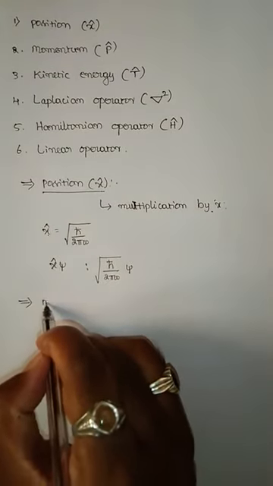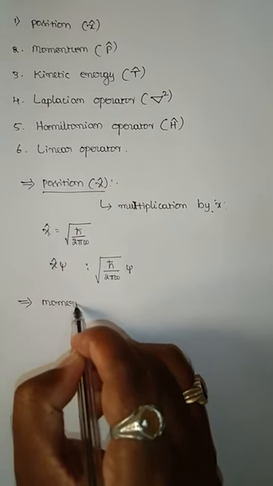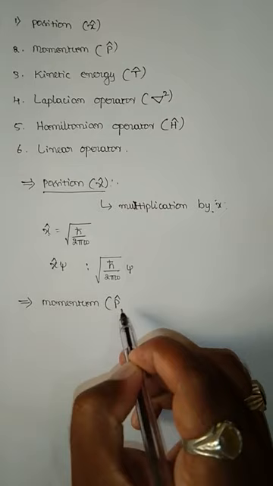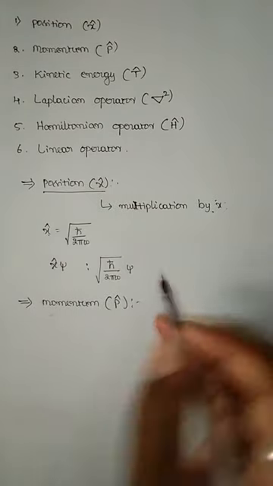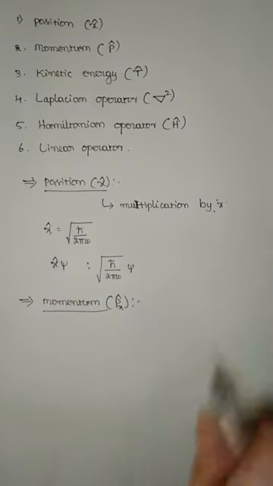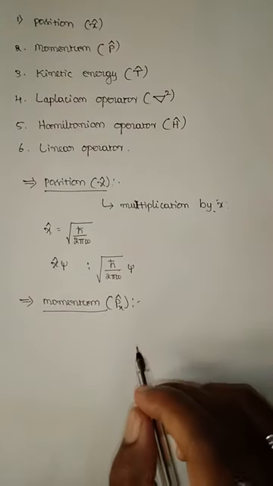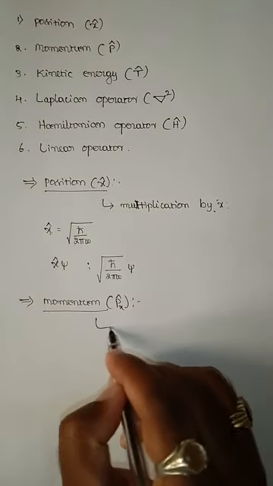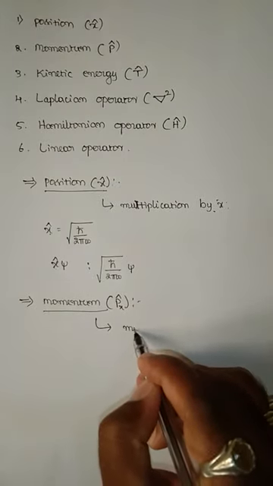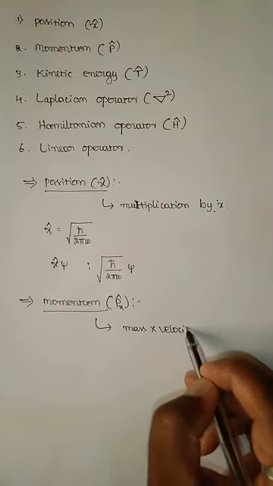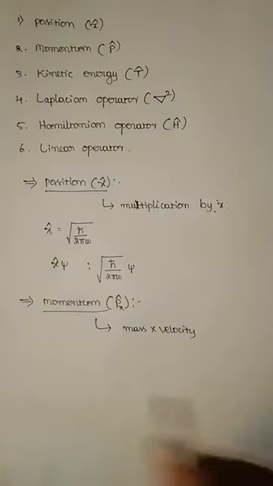Number 2 is momentum. We have the symbol for momentum, that is p cap. Let me consider momentum in one particular Cartesian coordinate, that is x. Momentum is actually the product of mass into velocity, right?